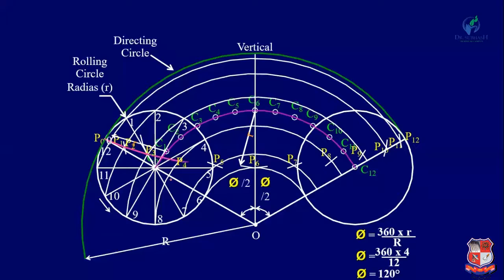Now join all these points by a smooth curve. This curve is known as a hypocycloid. Now let's draw the tangent and normal at a point 100 mm from O. So point S is here. From S as a center, with radius equal to the rolling circle radius, draw an arc which will intersect this center circle at this point.